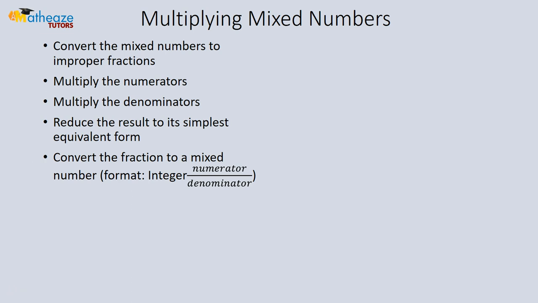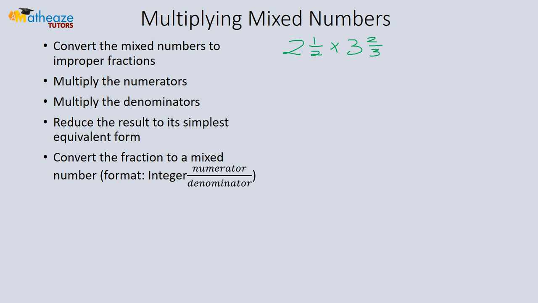So let's take a look at some numbers here. 2½ multiplied by 3 2/3. So what we're saying here is we're going to first convert each of these mixed numbers to improper fractions.